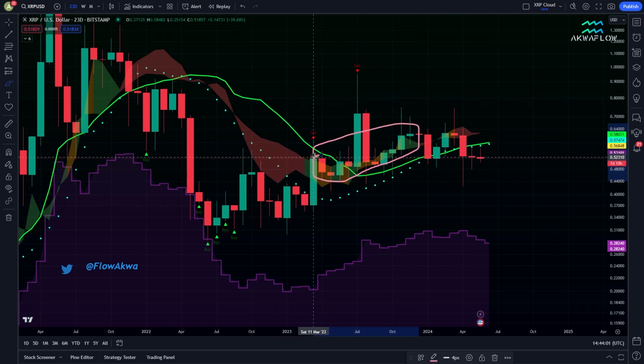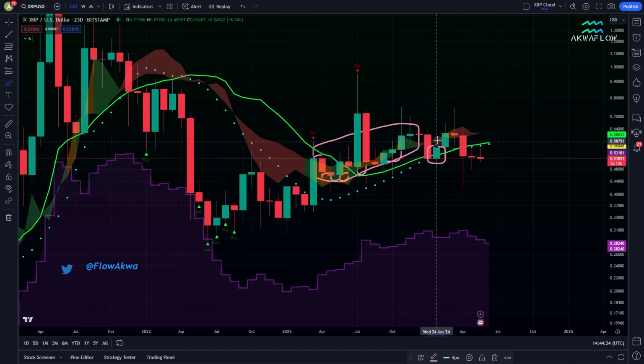We penetrated the cloud, and then we started using it as a support for multiple candles in a row. But then we had a cross in January. We went below the cloud, and then we have this candle with the full body closing below the cloud, and this was our early bearish sign for XRP.